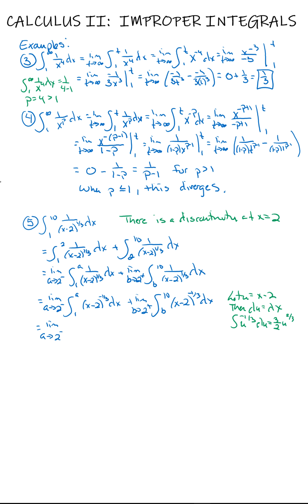That gives us, keeping that limit notation in the front, 3/2 times x minus 2 to the 2/3 evaluated from 1 to a. The second one, again keeping that limit notation, we get 3/2 times x minus 2 to the 2/3, and this one gets evaluated from b to 10.